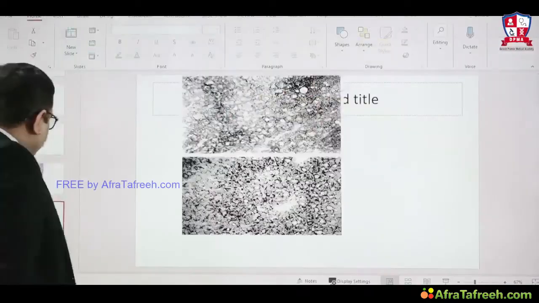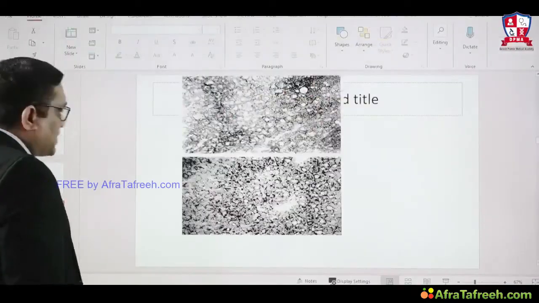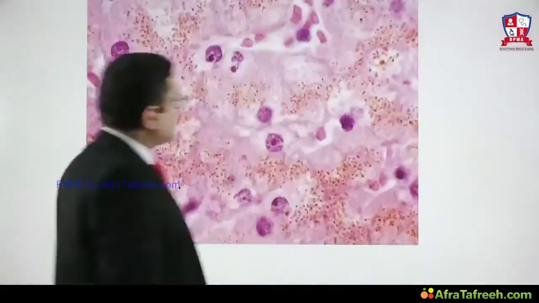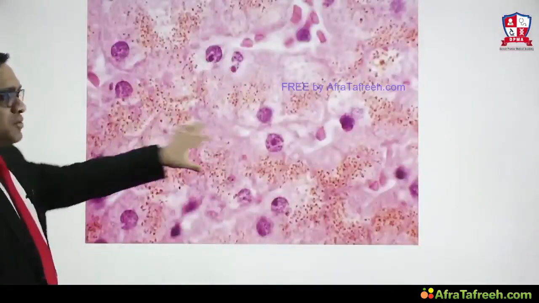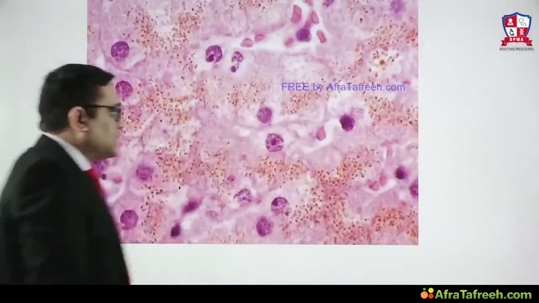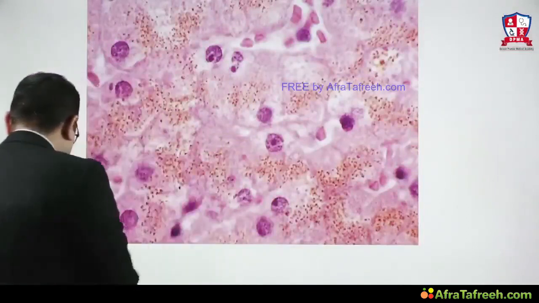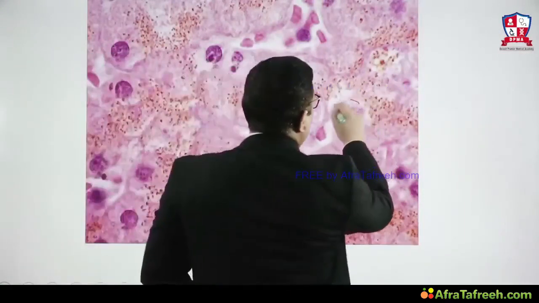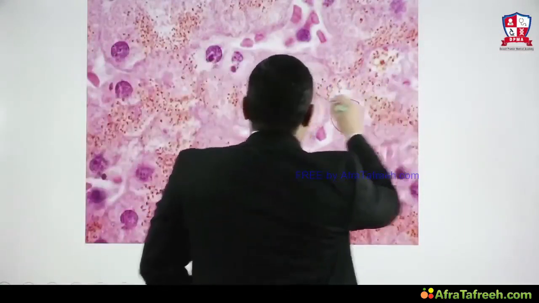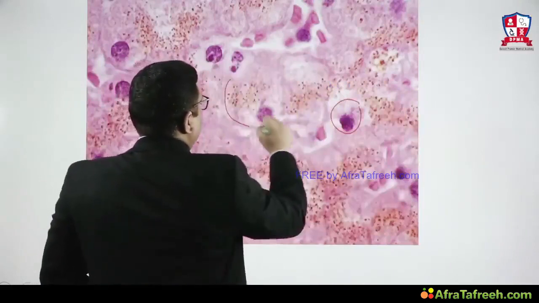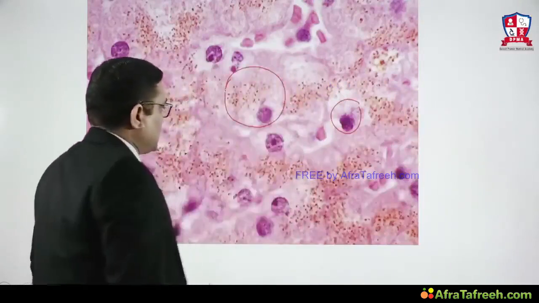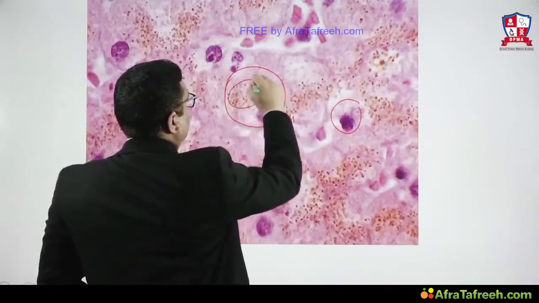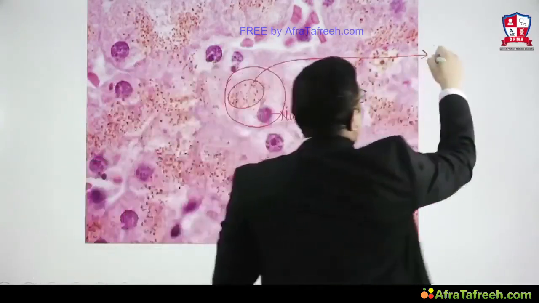For example, look at these diagrams which I wanted to show you. Look at this picture. This is a liver biopsy. In this liver biopsy you can see a cell, and around the nucleus there are brown pigments.